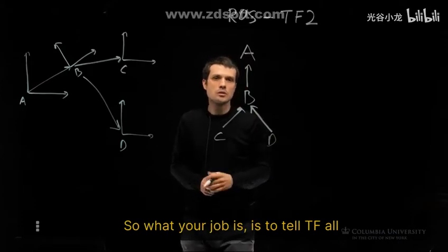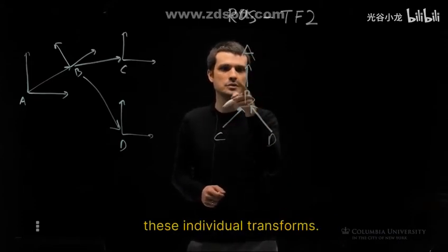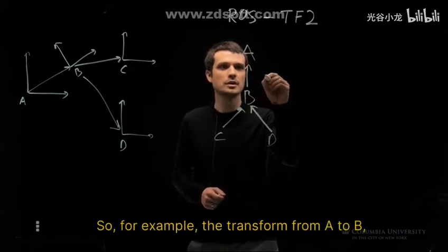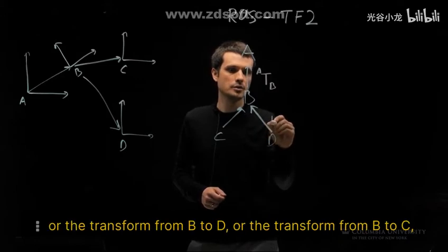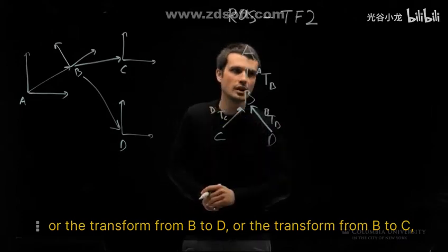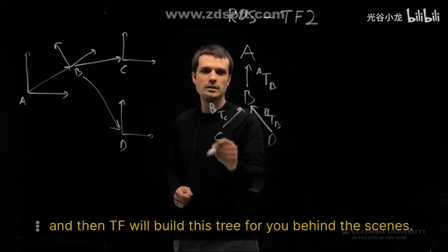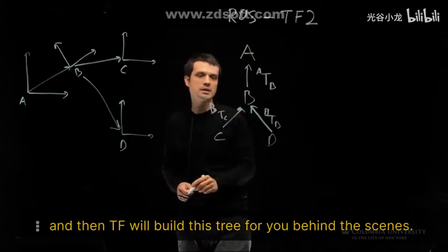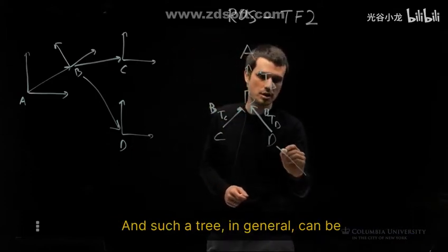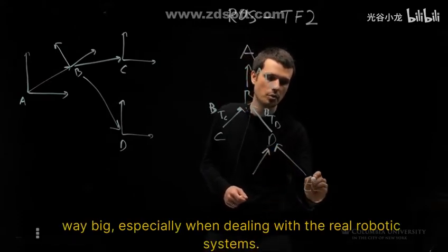So your job is to tell TF all these individual transforms. So for example, the transform from A to B, or the transform from B to D, or the transform from B to C. And then TF will build this tree for you behind the scenes, and such a tree in general can be way big, especially when dealing with real robotic systems.